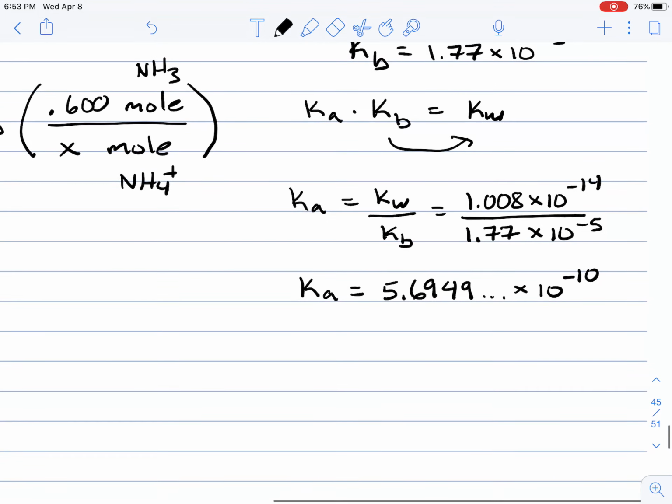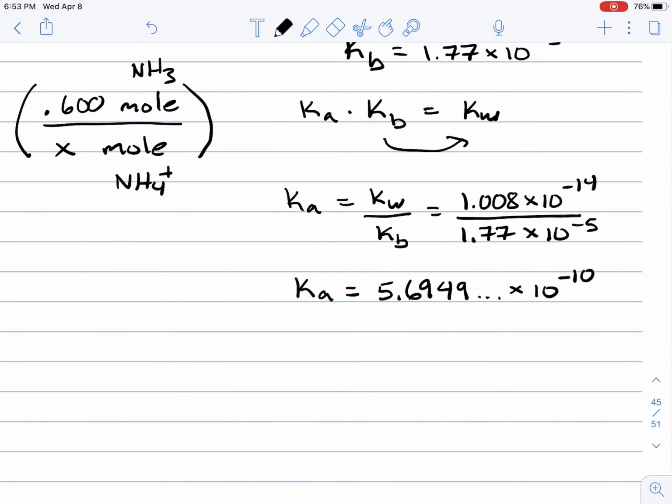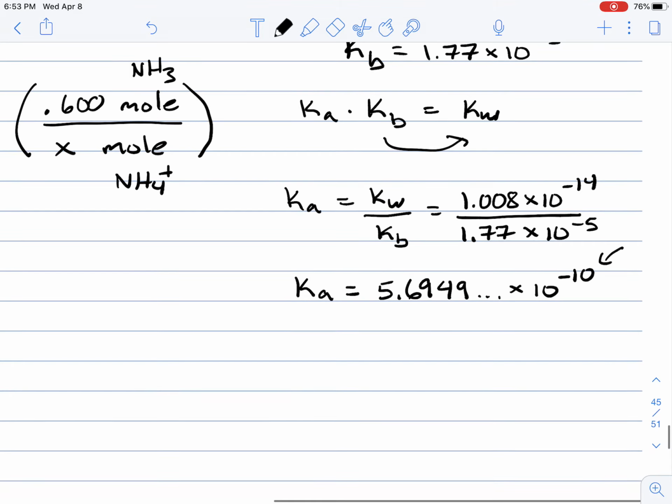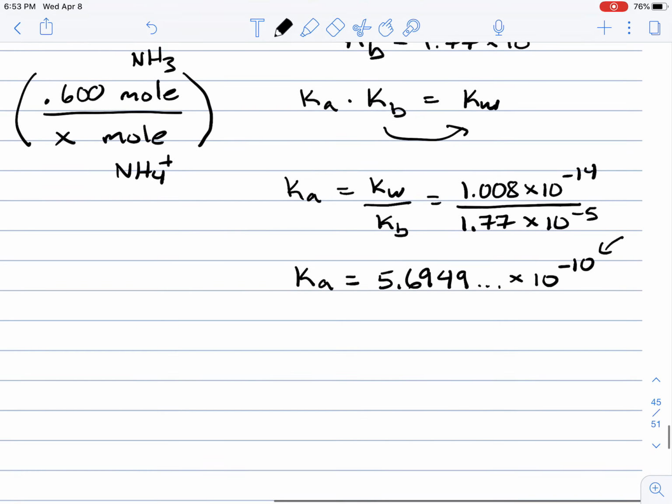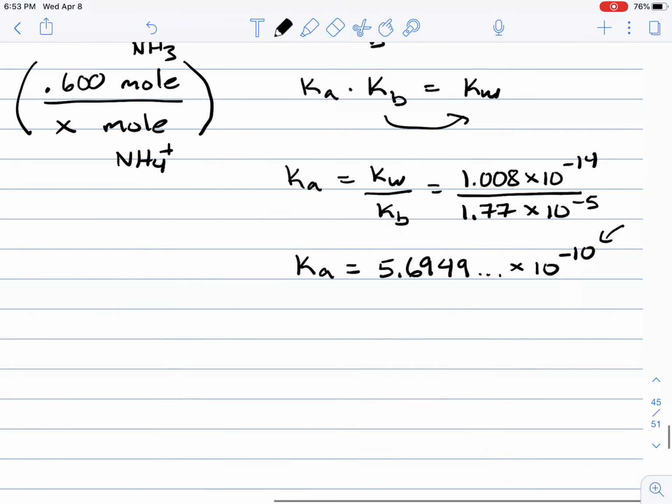Okay. So this is telling us the magnitude, times 10 to the negative 10. So ammonium is a very, very, very weak acid. All right, and so to determine the pKa, we're going to take the negative log of the Ka.